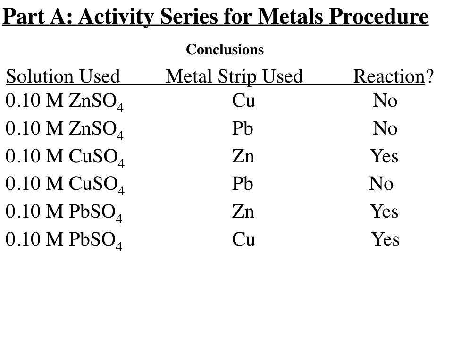Placing a strip of zinc into copper sulfate, there was a reaction. But placing lead into copper sulfate, there was no reaction. Finally, placing either the zinc or the copper into lead sulfate, there was a reaction in both cases.